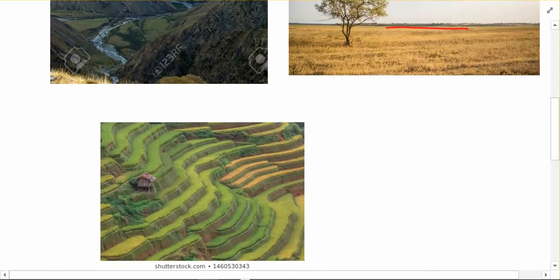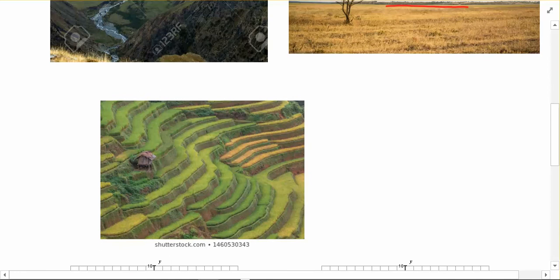And this is an interesting picture also of something that's sloped, but this is terraced farming, as you probably know already. So there is the slope, but if you were a human, of course you couldn't climb up that straight line, so we do this terrace thing where you go this way and then you climb up, and then you go this way and then you climb up, and so on and so forth. So that's kind of interesting, right?